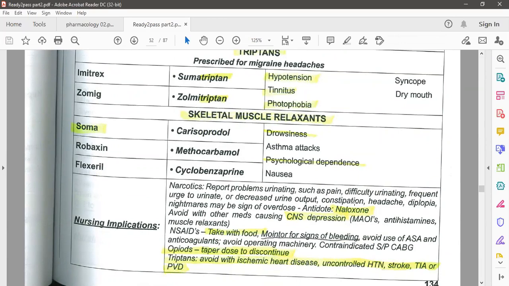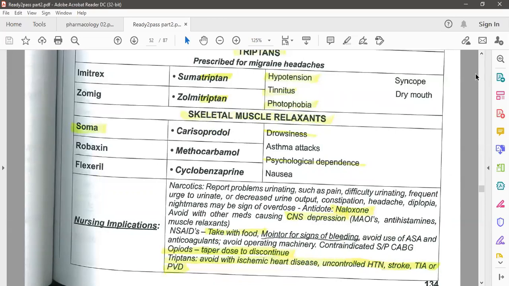It competitively blocks the opioid receptors in the central nervous system. Naloxone also has some side effects. It can cause hypertension, tachycardia, agitation, or GI upset. The key point: monitor the respiratory status and pain, right?